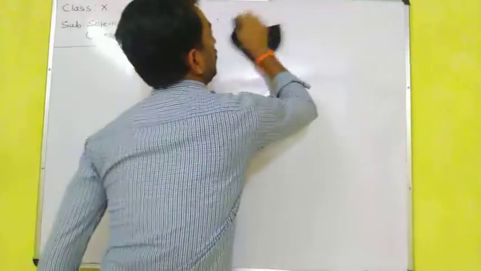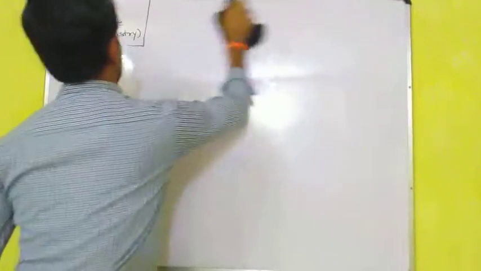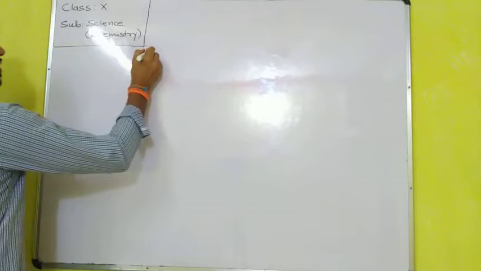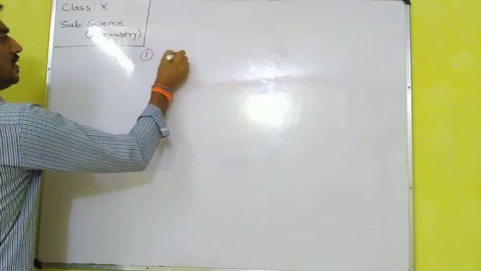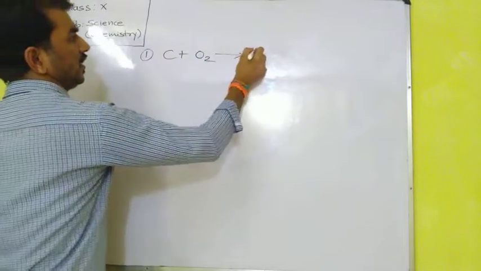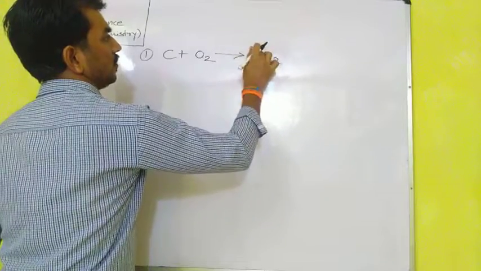Now we have to practice it. First equation: carbon plus oxygen forms carbon dioxide.